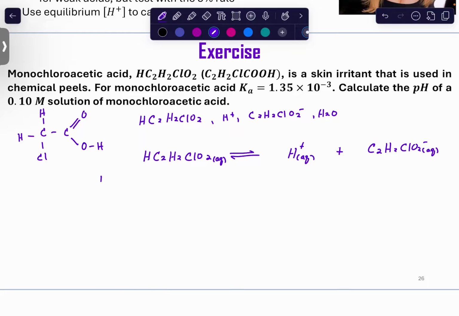And then your initial values, 0.10 molar, none of that, none of that.